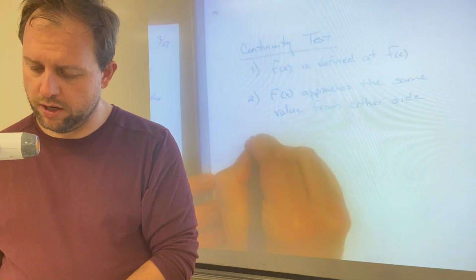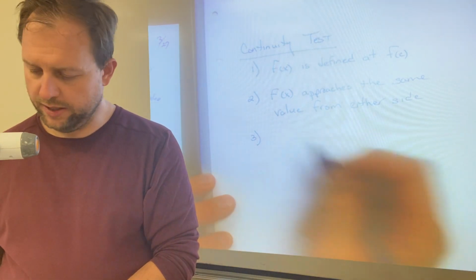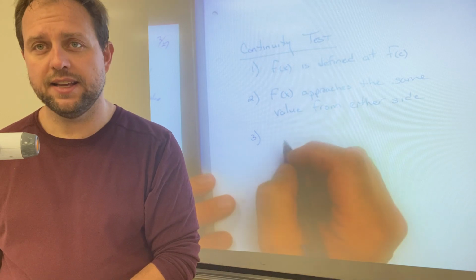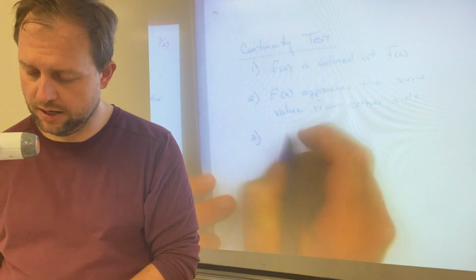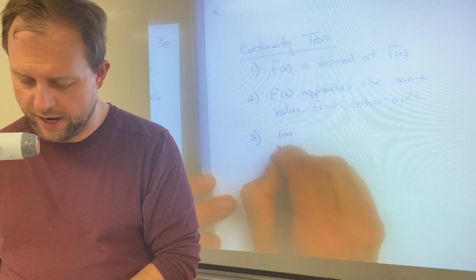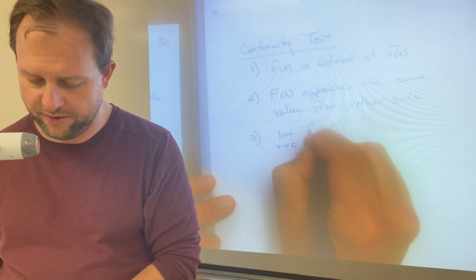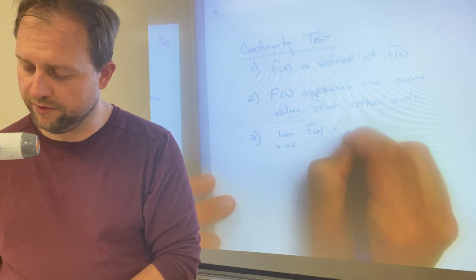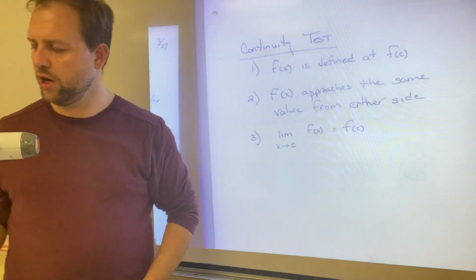And the third is the limit. So as it's approaching that same value from either side, is that actually the value of the function at point C? So we refer to that as, is the limit as x approaches C of f of x the actual value of the function at point C? Okay?